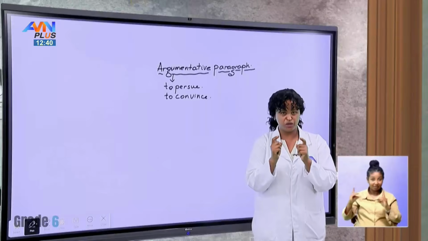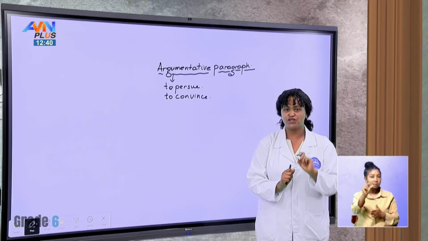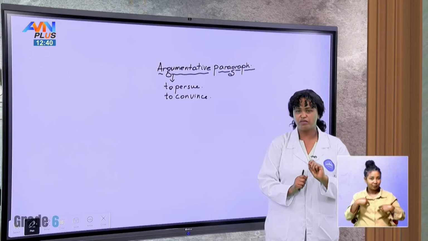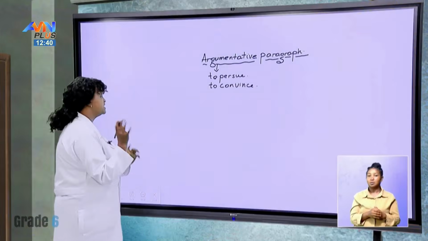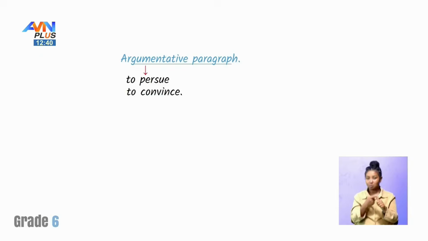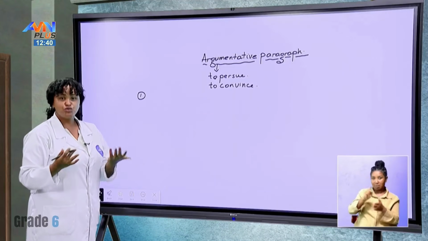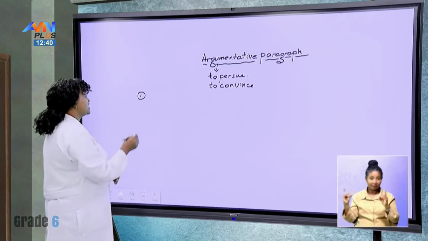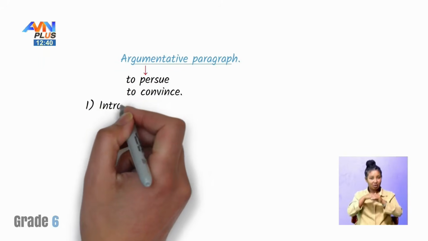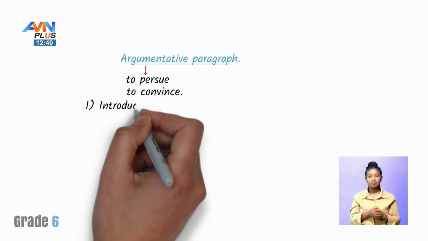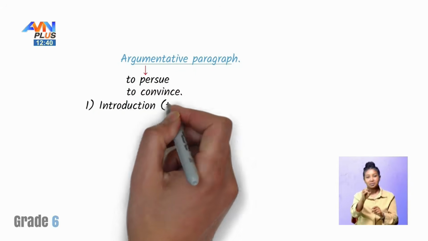So when we talk about argumentative paragraph, there are some points that we need to have. In our paragraph, listen, we need to have these parts. The first one, just like the other paragraphs, you have an introduction part, or something which has the topic.